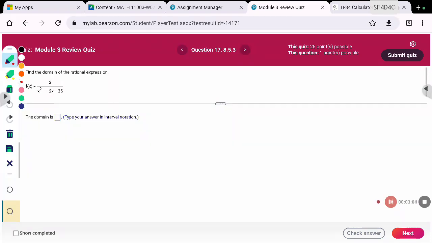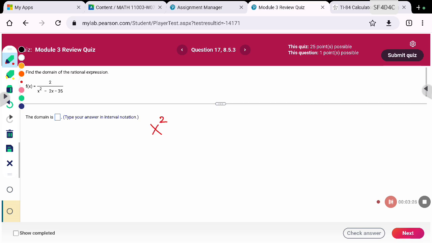All right, on the next one, we're going to find the domain of the rational expression. We have f of x equals 2 over x squared minus 2x minus 35. So we need to make sure, since this is a rational expression, that our denominator does not equal 0.